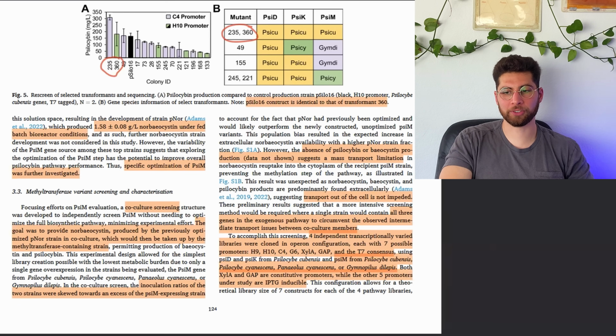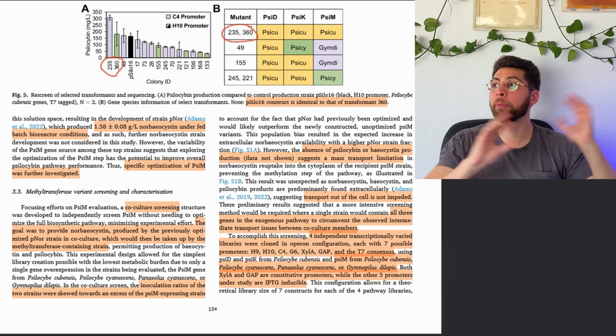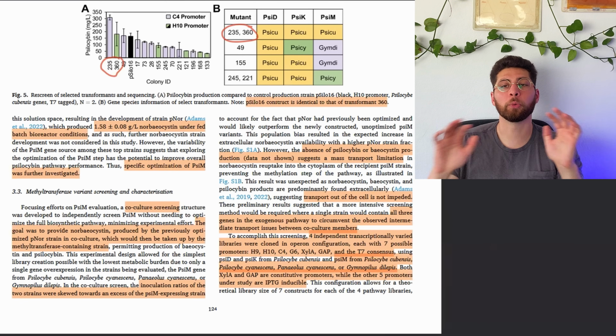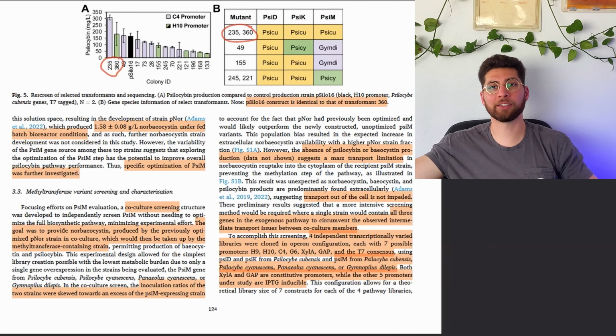So that's really interesting. And what this suggests is that you need to produce the compound in one organism. Everything needs to happen in that one cell.